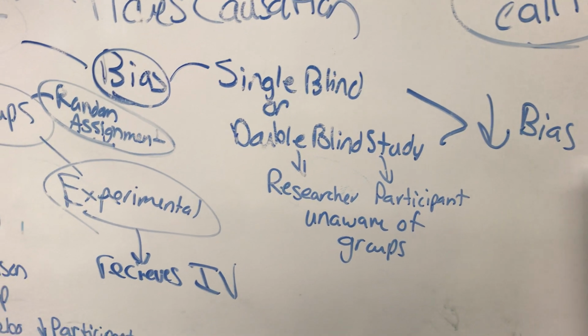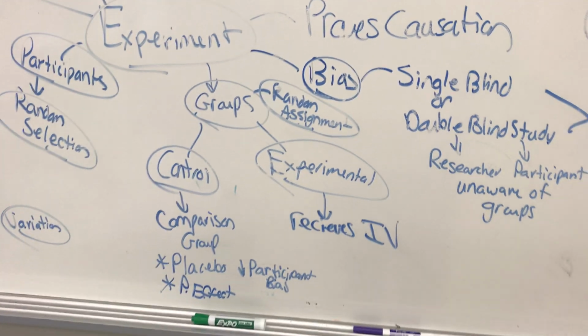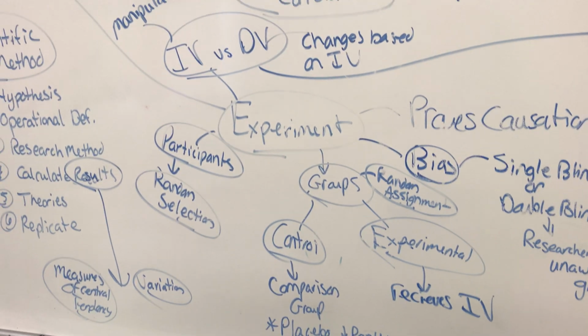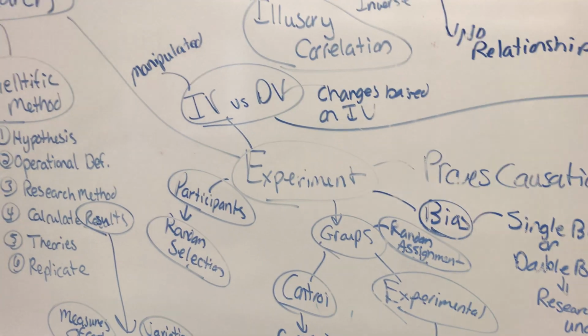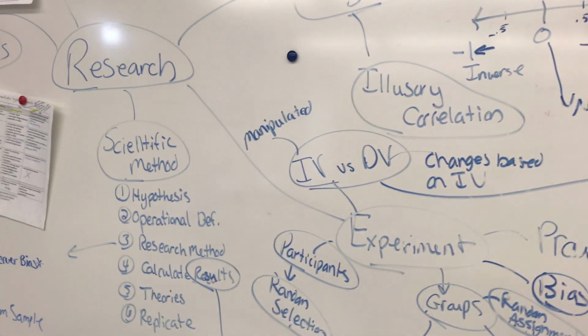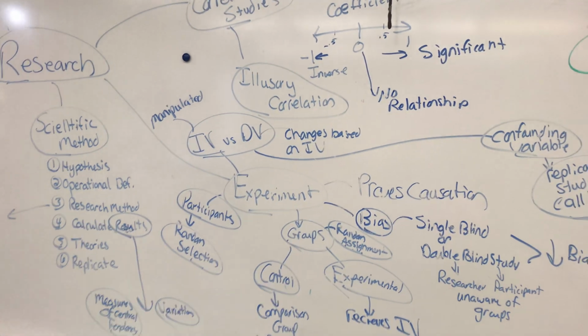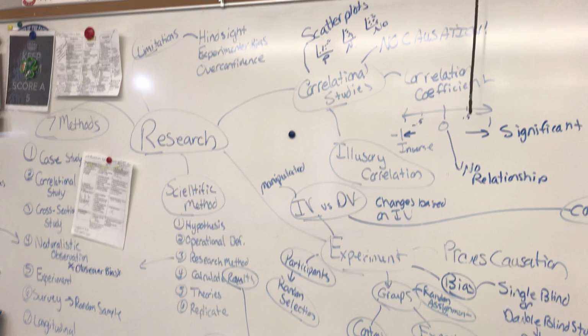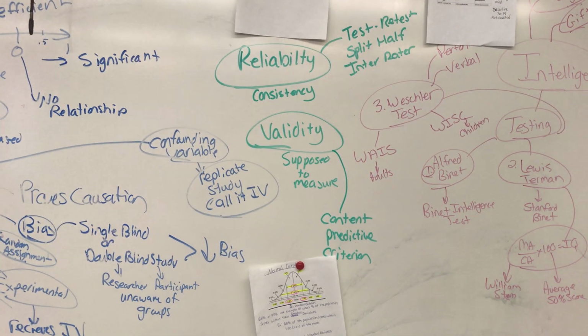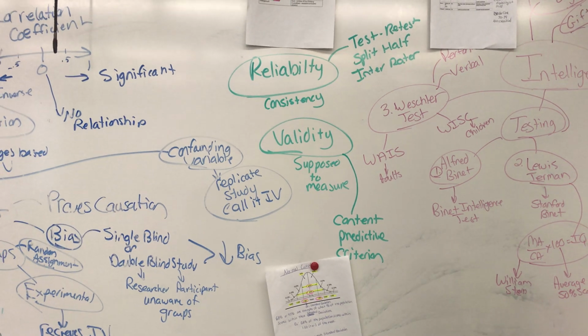We really want to see what's happening. We're trying to make sure that psychology remains a very effective hard science, hence the reason why we're making sure everything is done carefully in research, okay? So that is all the major points of research, with the exception of limitations, which we're going to talk about in a second, and some of our results, reliability, and validity, which we're going to talk about a little more in testing. It'll make more sense there.